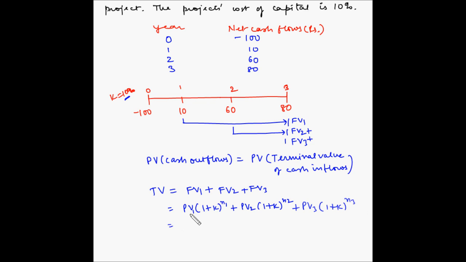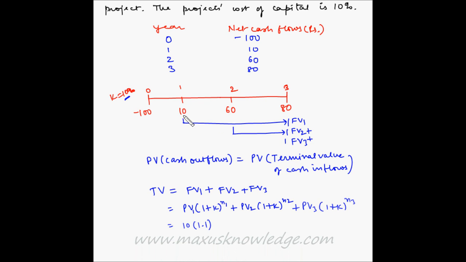So this is equal to, for PV1, the value is 10 into (1 plus K). Now K is 10%. When we use it in this formula, we have to divide 10 by 100. So this becomes 0.1. So 1 plus 0.1 becomes 1.1 to the power N1.